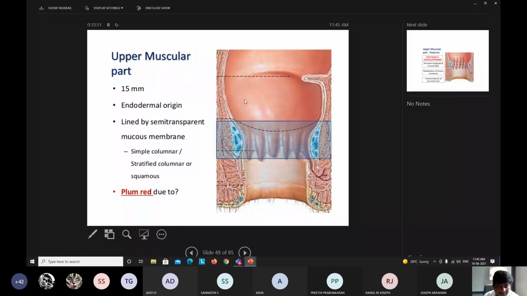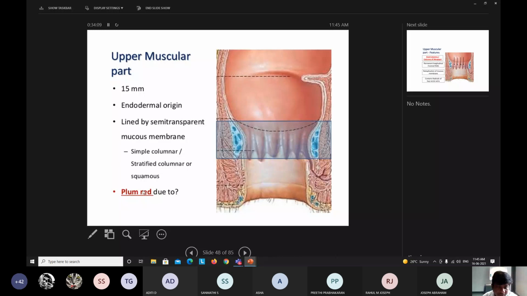It is 15 millimeters in length and of endodermal origin, lined by a semi-transparent mucous membrane with stratified squamous or columnar epithelium.